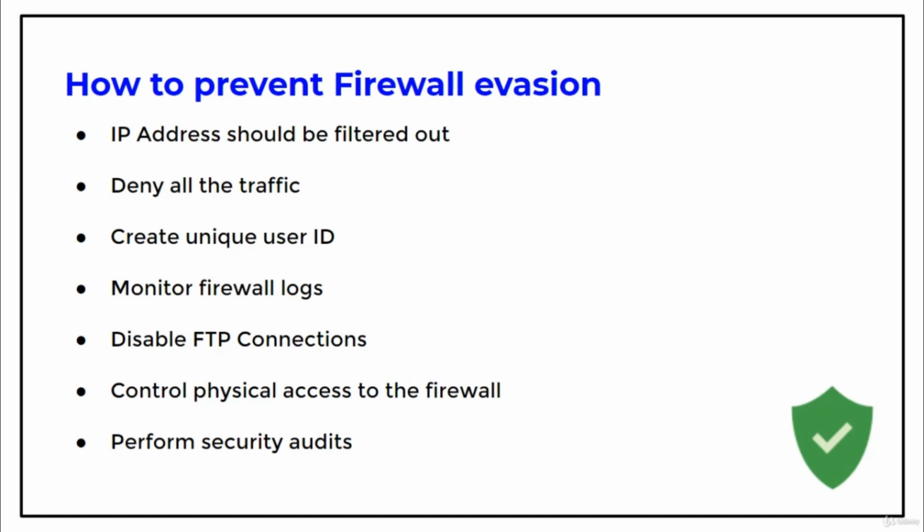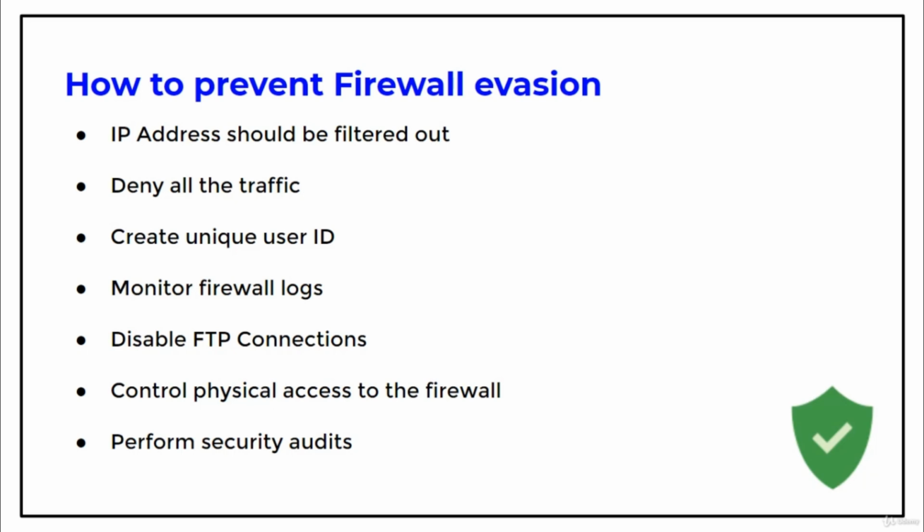Configuration of the firewall should be done in such a way that the IP address of an intruder is filtered out. Set the firewall rule set to deny all the traffic and enable only the services required. If possible, create a unique user ID to run the firewall services.